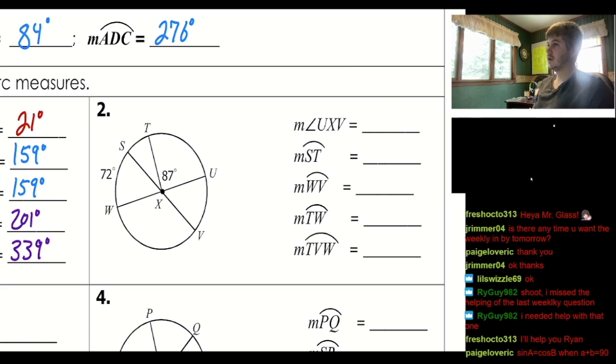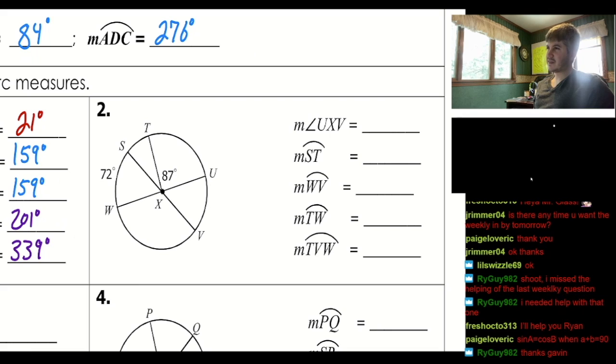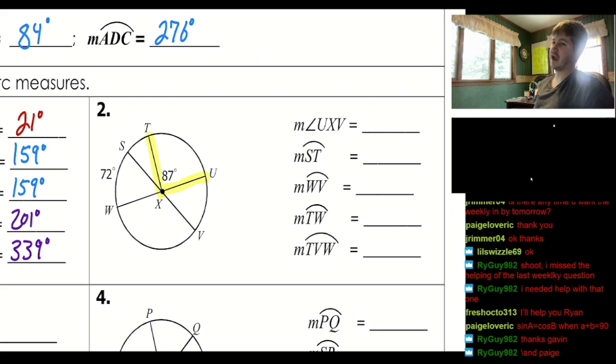All right, so we are looking at central angles, and obviously the most important thing with central angles is that their arcs are going to be congruent in arc measure. So if I'm looking at this central angle right here, it is 87 degrees.